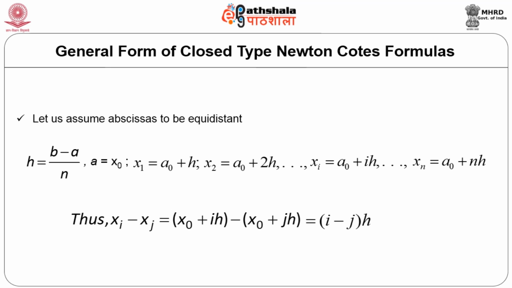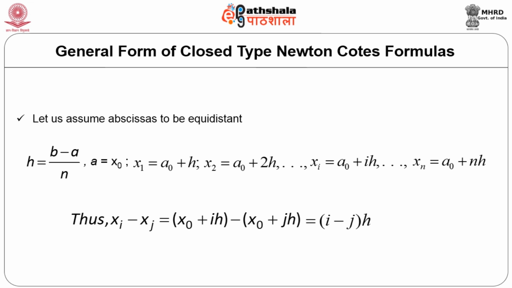Now for convenience, let us assume the points are equidistant, and in this case our a is x0, x1 is a0 plus h, x2 is a0 plus 2h, and so on, xi is a0 plus ih, xn is a0 plus nh, and so let us calculate the denominator first.